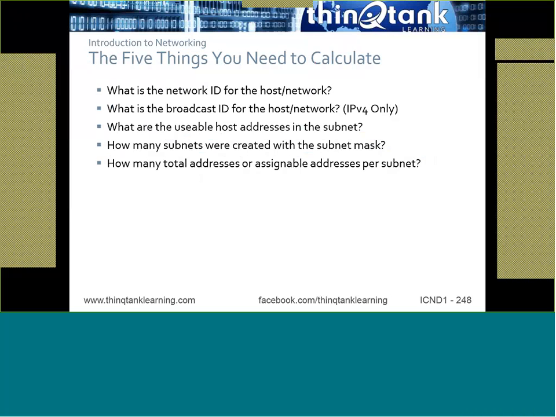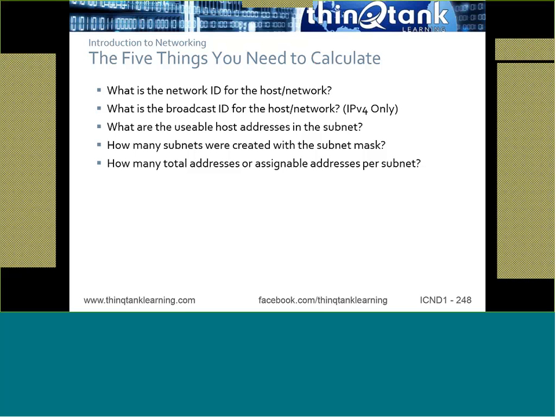And I'm going to teach you guys how to calculate all 5 of these things as we go through the process. First of all, if I give you an IP address and a mask, what is the network ID for a host? That's the first question. Remember what the network ID was by definition? It's the room that the host belongs to, right?